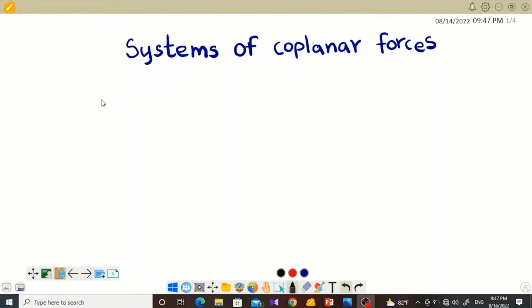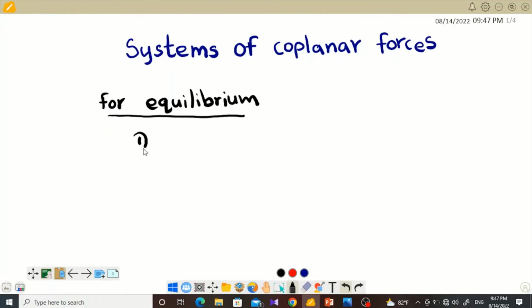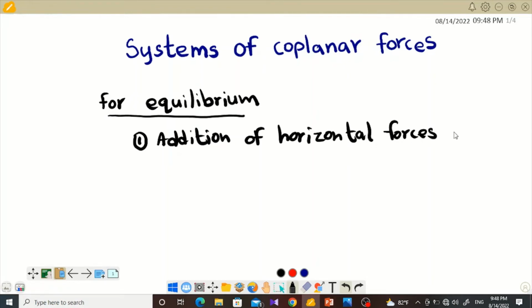First condition: addition of horizontal forces must equal 0.